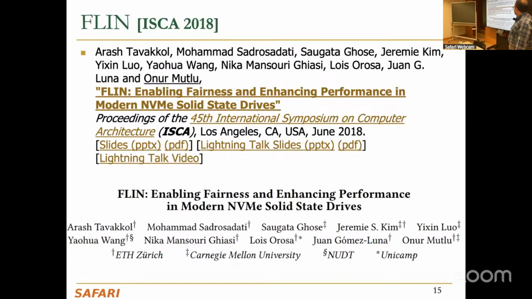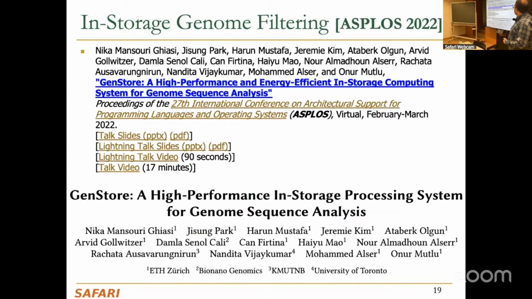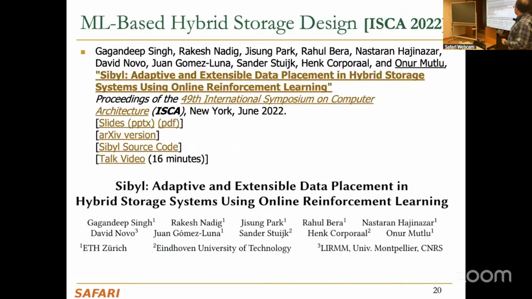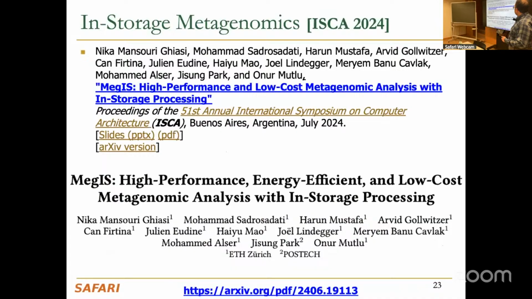But essentially, we have worked a lot on improving storage systems as well as on using storage to do computation. For example, we show that using storage, you can implement some filtering techniques. You can do bulk bitwise operations. You can also do metagenomics applications.